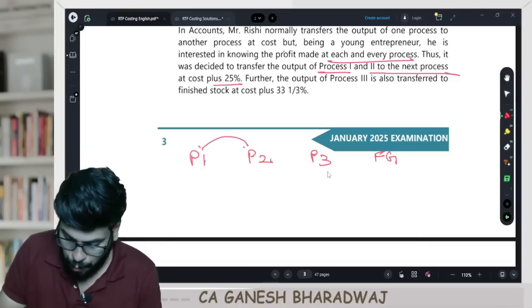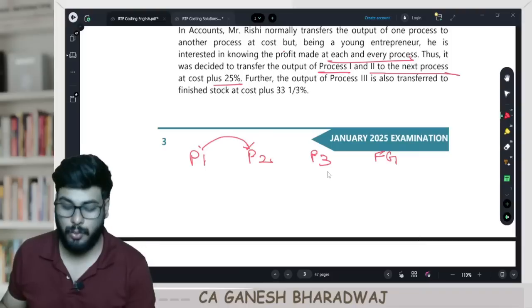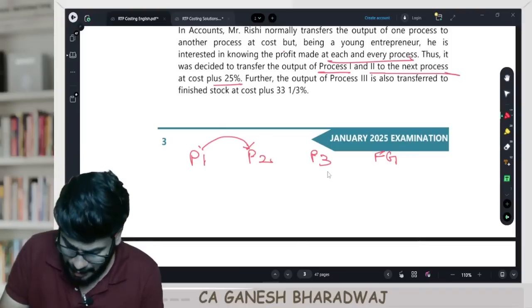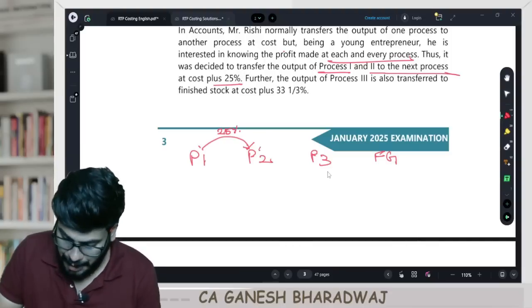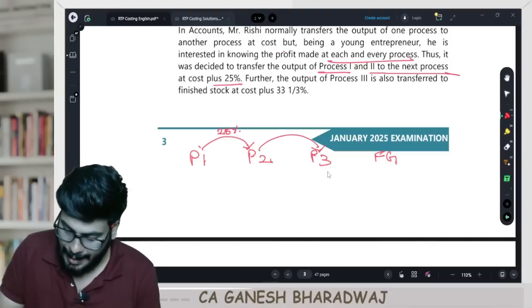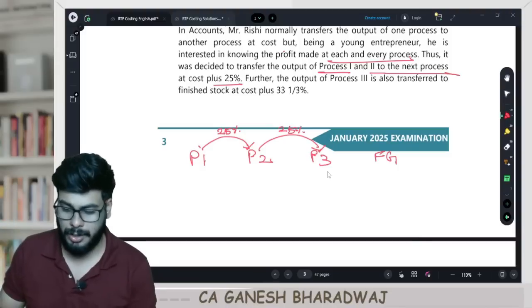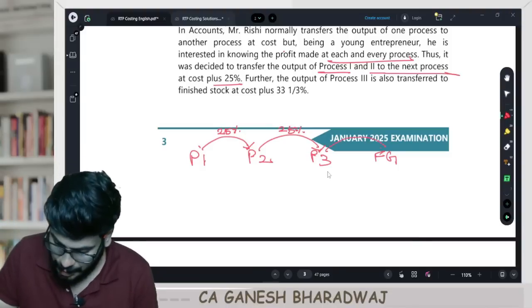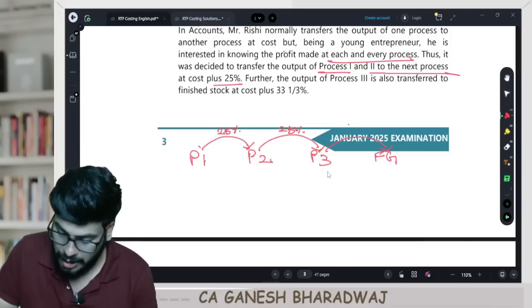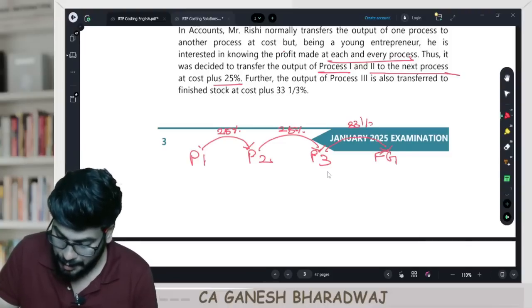Process 1's output is transferred to process 2 at cost plus 25% profit markup. Output of P2 is transferred to P3 once again at cost plus 25% on cost. And the output of P3 is transferred to FG at cost plus 33 1/3%.